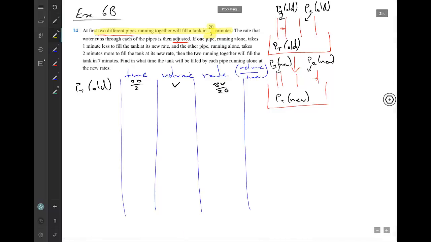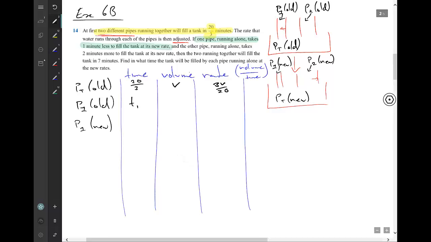Then after the adjustment, we're told that one pipe running alone takes 1 minute less to fill the tank at its new rate. Okay, so let's write down pipe 1 old and pipe 1 new. And so pipe 1 old took some sort of time. We can call that, if we like, T1.